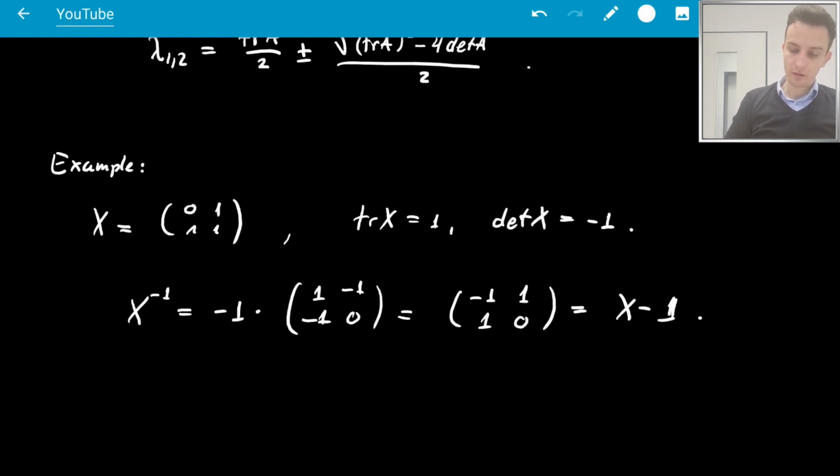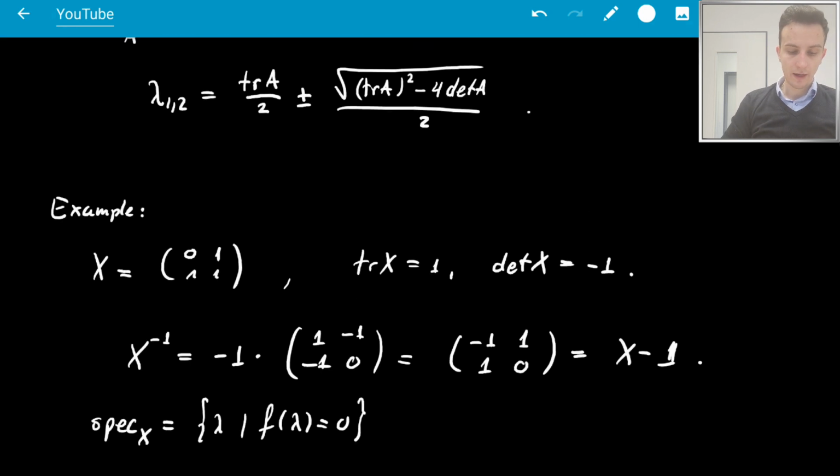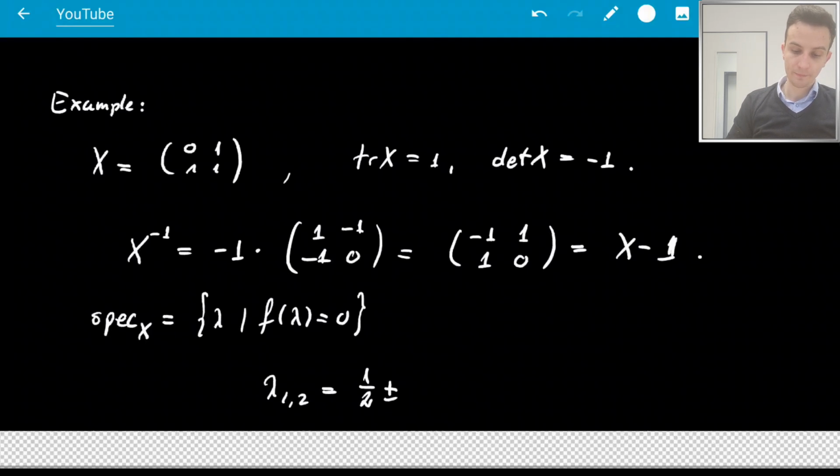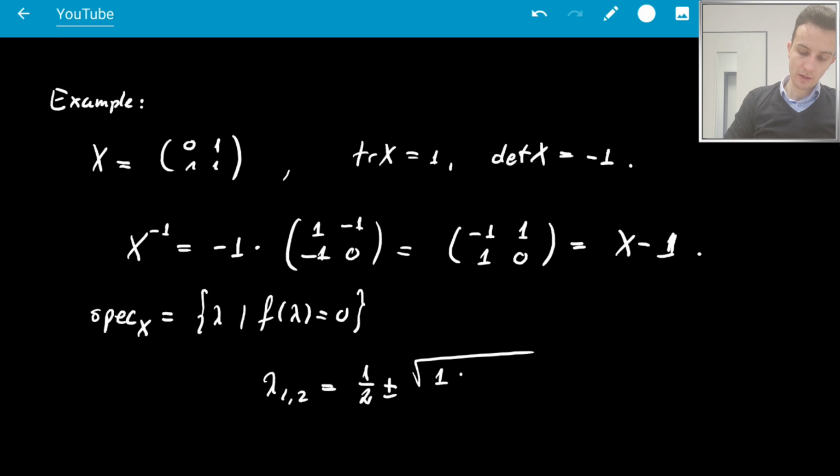Okay, and how about the eigenvalues? Well, the spectrum of x is the set of lambda where f of lambda equals 0. And what is that? Lambda 1, 2 are the trace of x, which is 1, over 2, and then plus minus the square root of 1 minus 4 times minus 1, over 2, which is 1 plus minus square root 5 over 2.